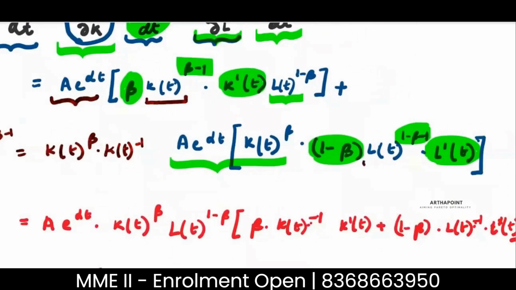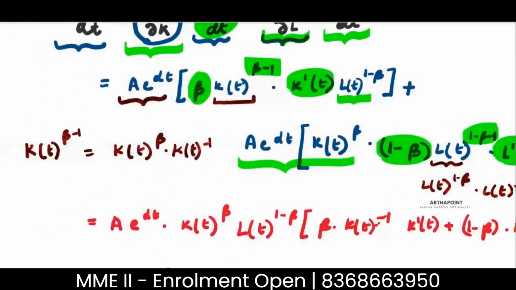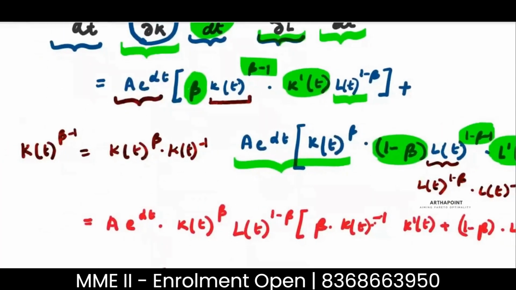And this L_T to the power 1 minus beta minus 1, this is L_T to the power 1 minus beta into L_T to the power minus 1. Once I do that, I can take K_T to the power beta and L_T to the power 1 minus beta common from the two sides.